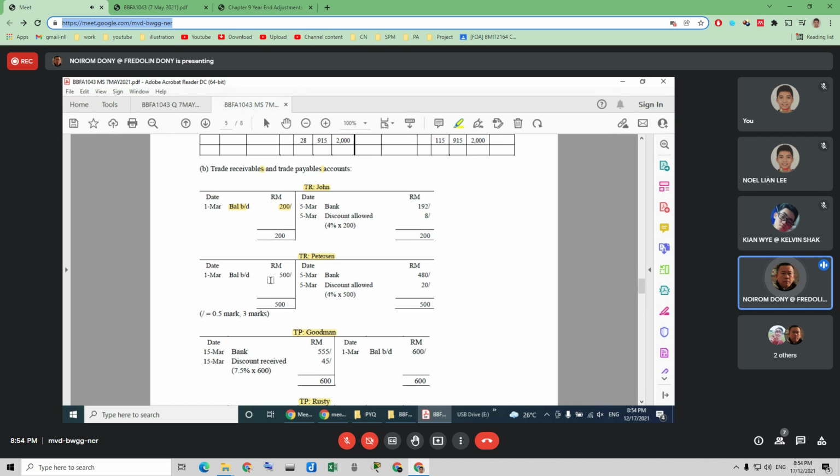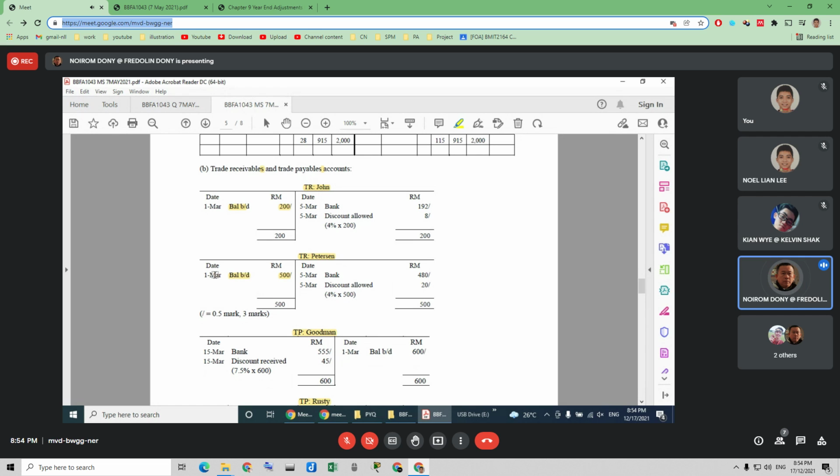And then Peterson as well, 500, as an opening balance. So the date, if ending 31st of March, the beginning will be 1st of April. So this is not 1st of March.